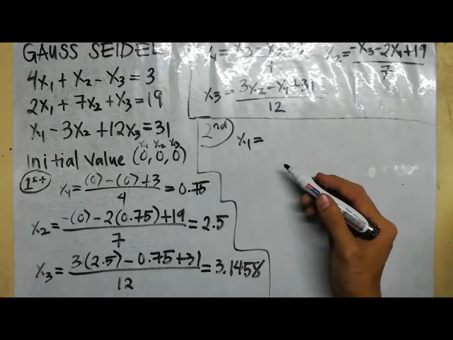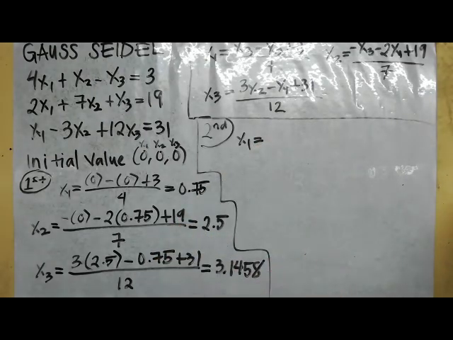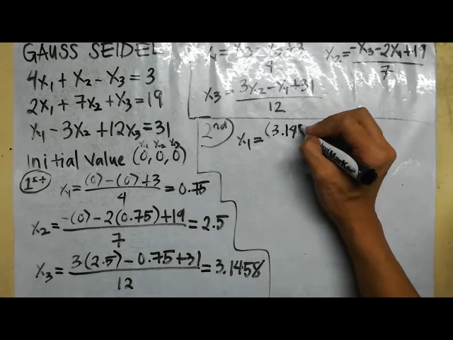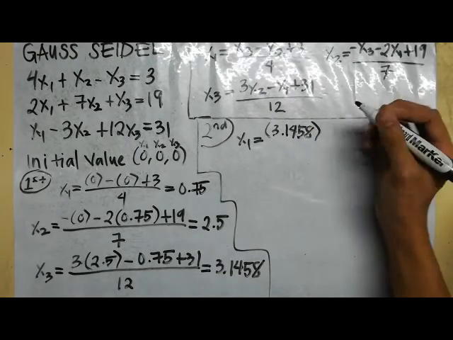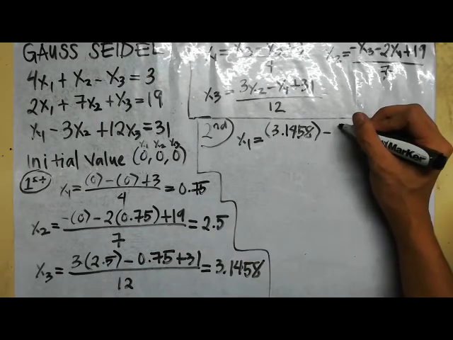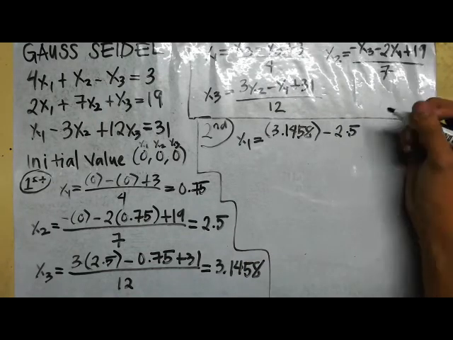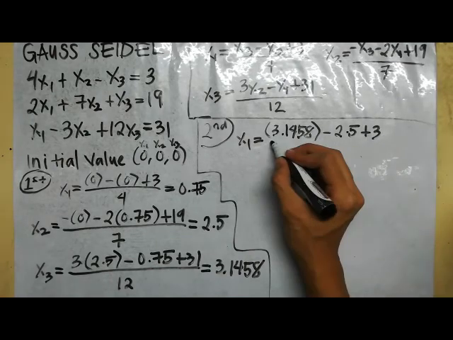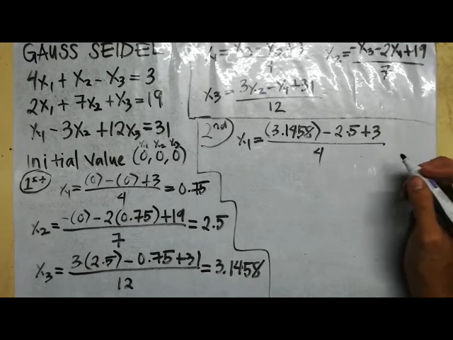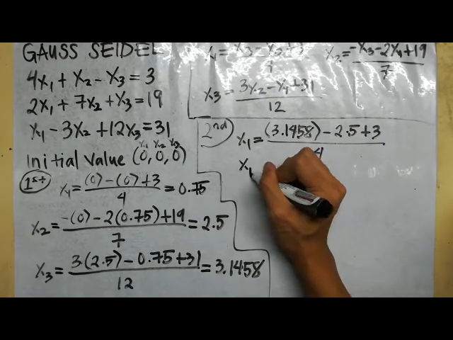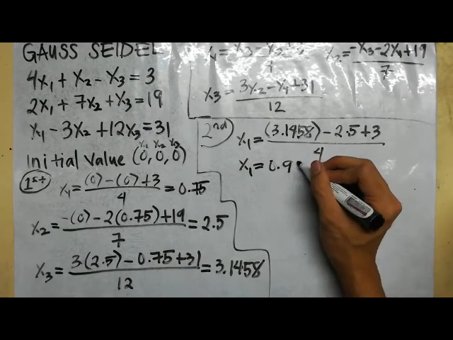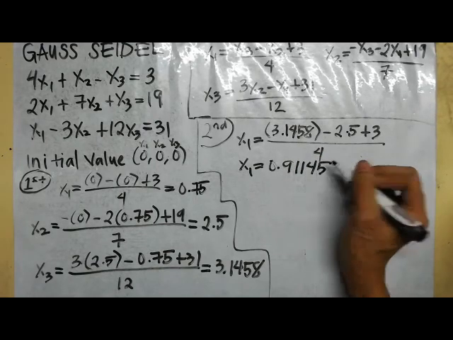Substituting the value of x sub 3, we have 3.1458 minus x sub 2, which is 2.5, plus 3 over 4. So our x sub 1 equals 0.91145.